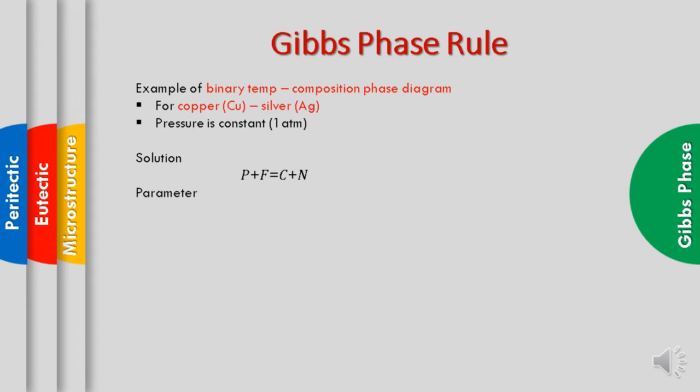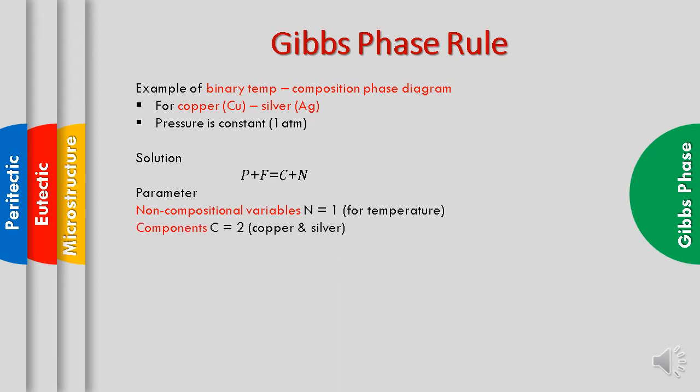So in terms of parameters involved, we have the non-compositional variable, N equal to 1, for the temperature. And then for the component, C, we have two components, which are copper and silver, indicated by 2.